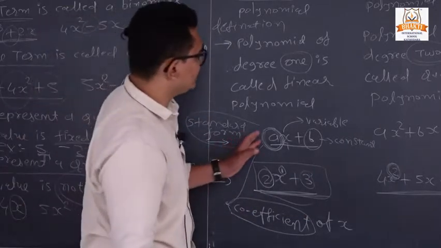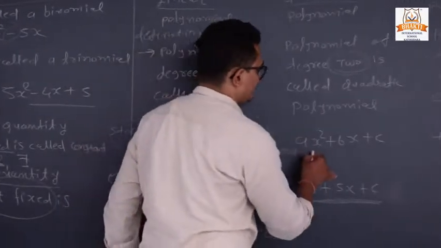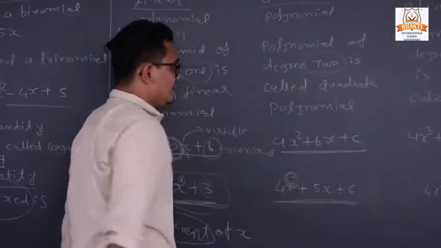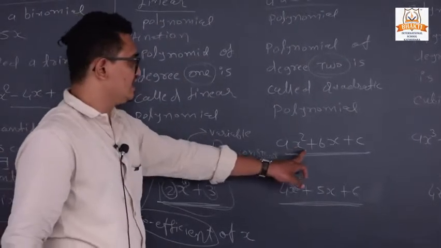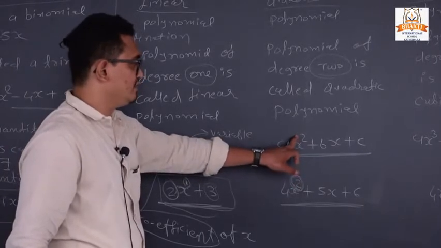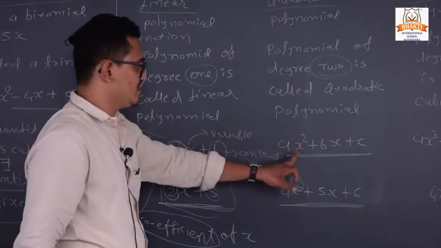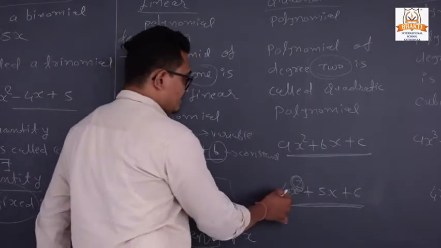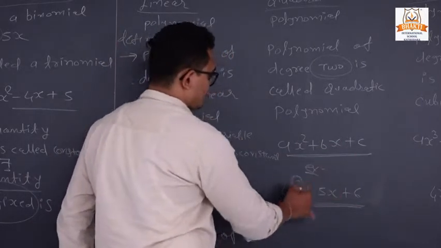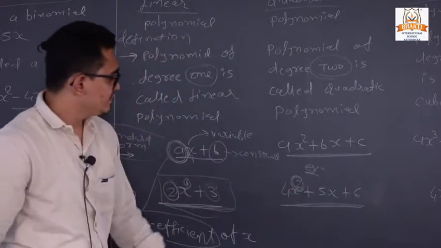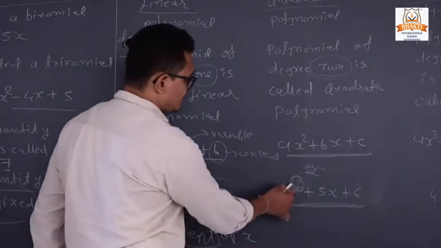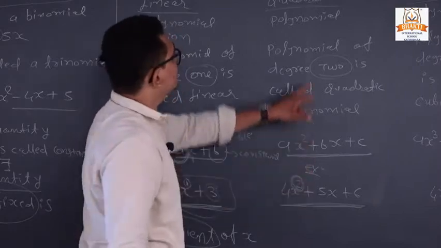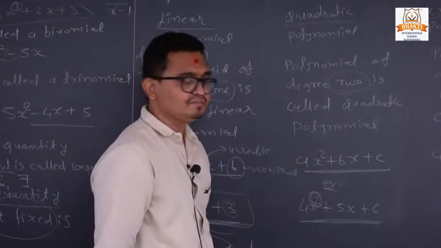Similarly, we can also take the standard form of a quadratic polynomial. In a quadratic, what happens? See, its standard form starts from the maximum degree 2, so ax squared plus bx plus c. We can take an example of that quadratic polynomial. Here the maximum degree is 2, so it is called a quadratic polynomial.